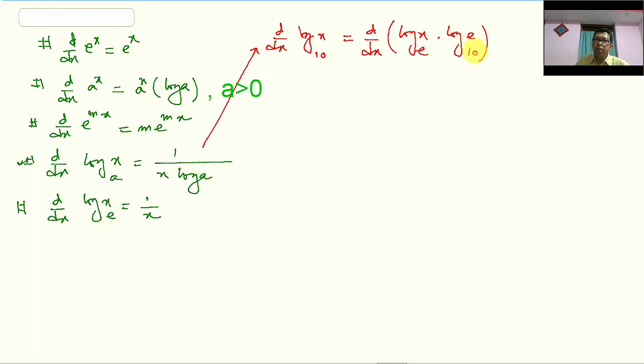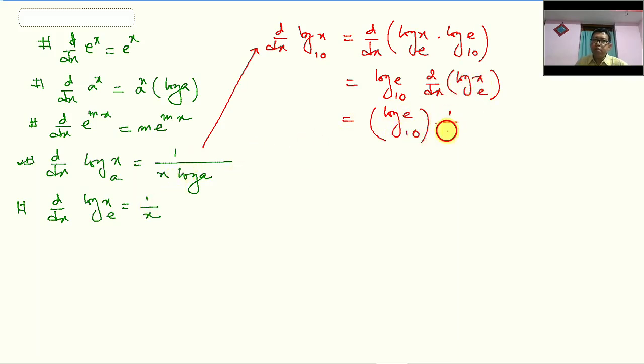Now log e base 10 is a constant, so take it out: log e base 10 times d/dx of log x base e, which is equal to 1 upon x. So it is 1 upon x.